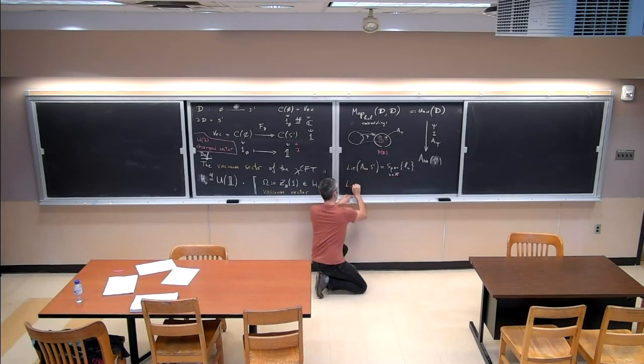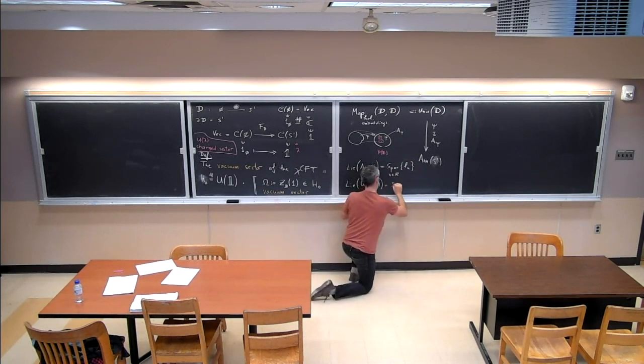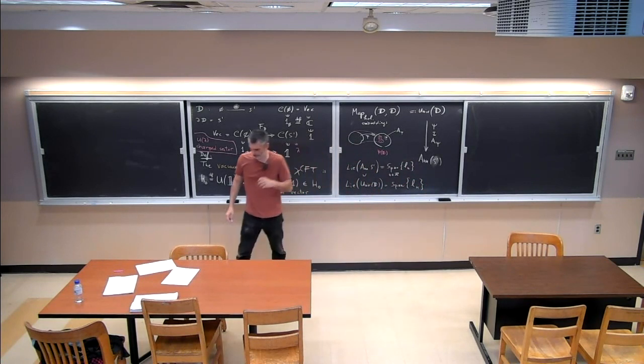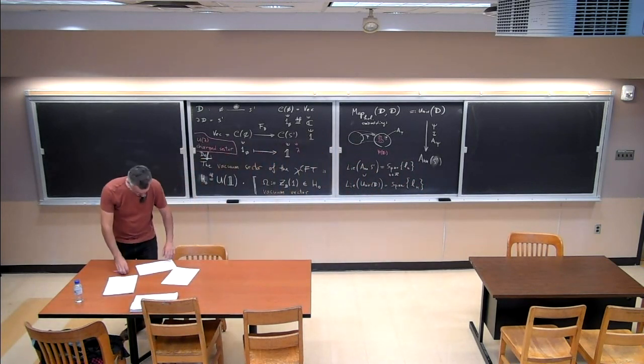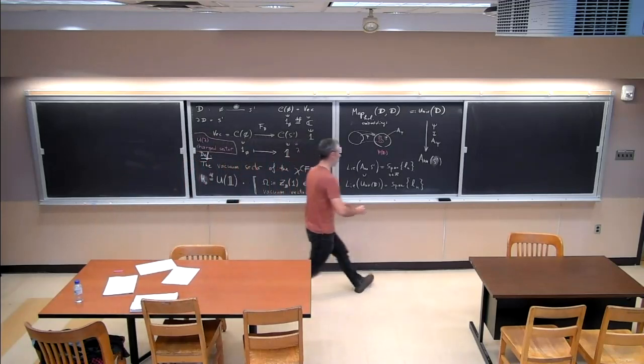And the Lie algebra of univalent maps is the span of L_n for a subset, n greater than or equal to -1.